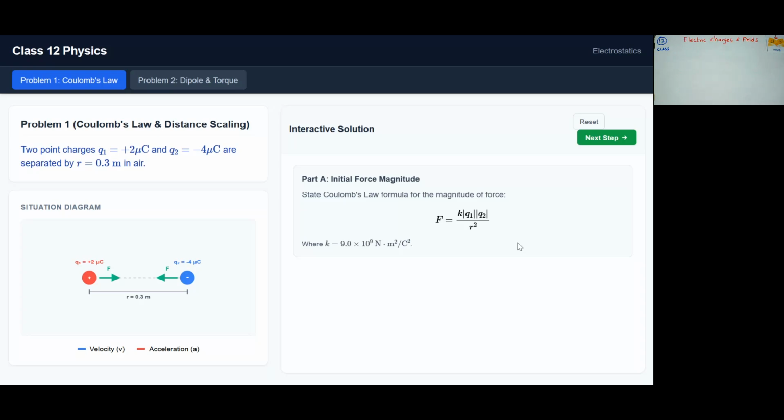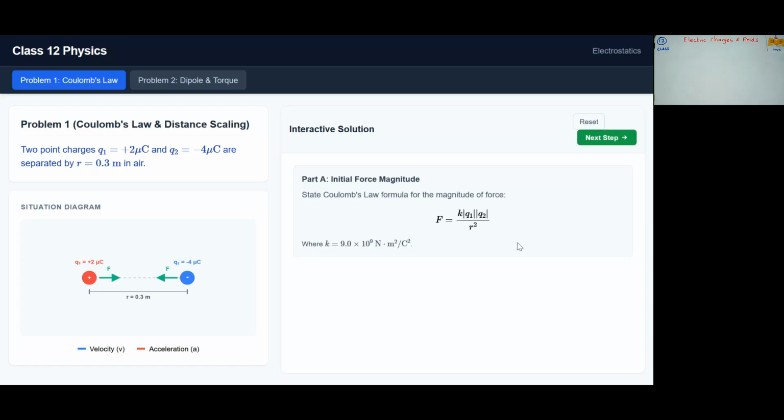Correct, very good. So our formula is F is equal to K Q1 Q2 by R square. Remember, we use the absolute values of the charges here because we just want the magnitude of the force. The sign just tells us the direction.